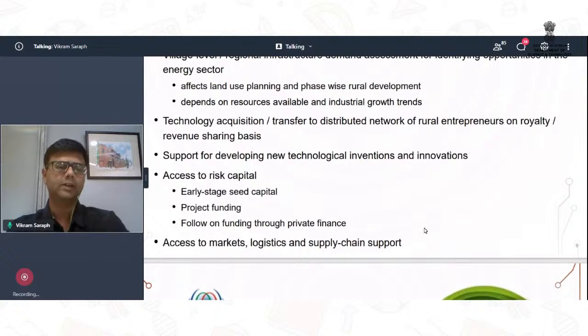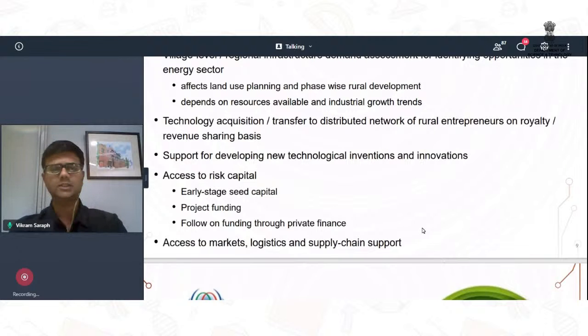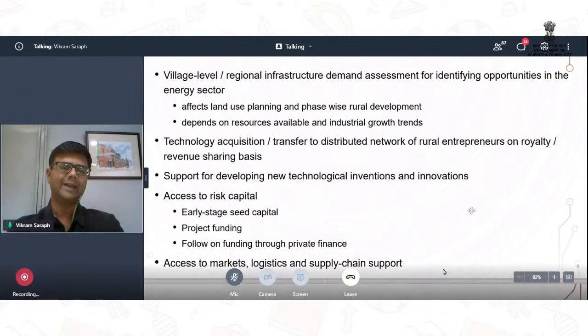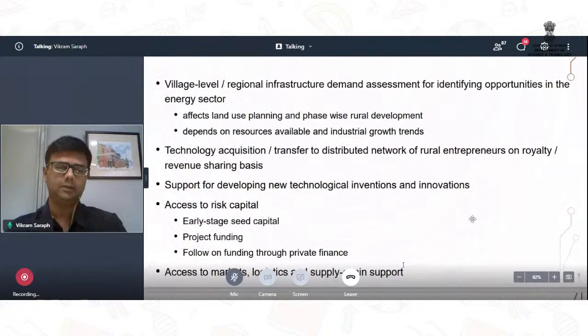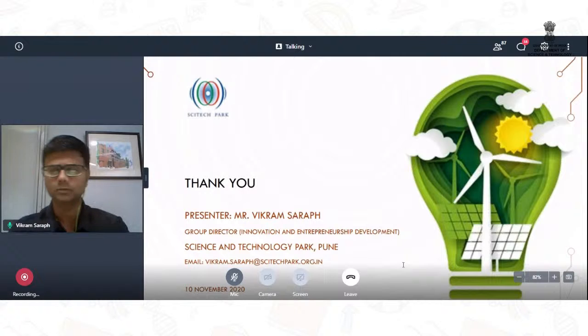And then we have access to a lot of funding, private funding or CSR funding or industrial funding, and then the markets for such products and the entire pre and post supply chain support. So this is how we engage with startups, by creating viable projects end to end. I think this is the last slide, so I will end there. Thank you.